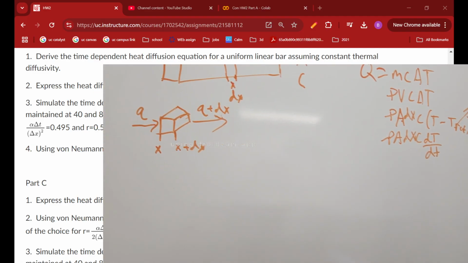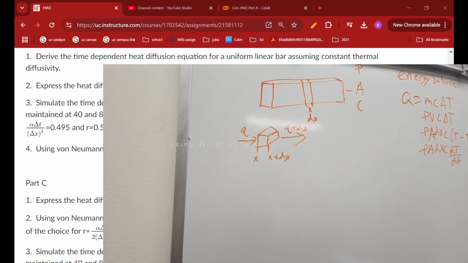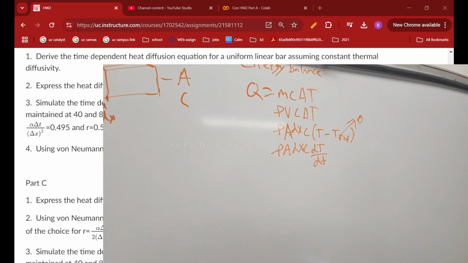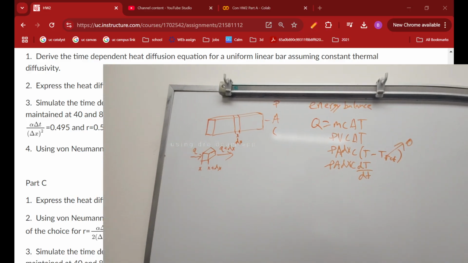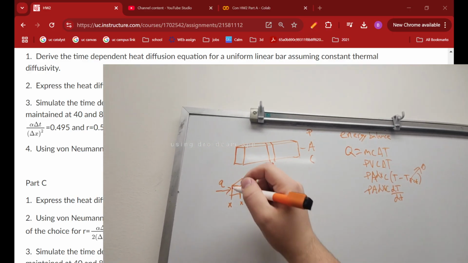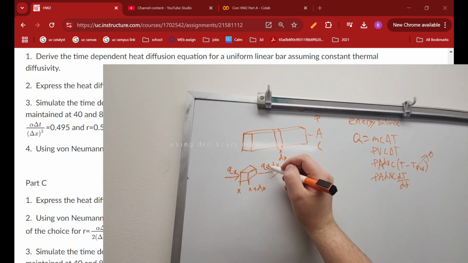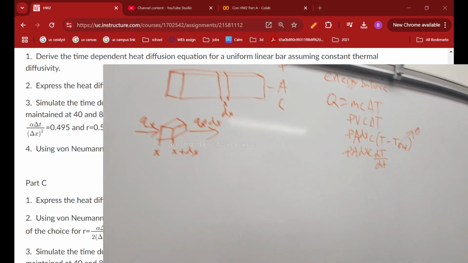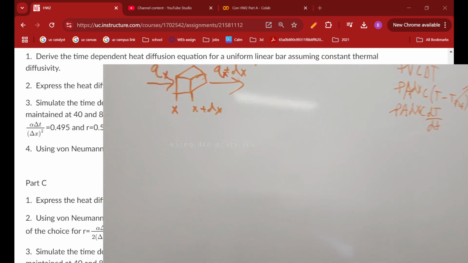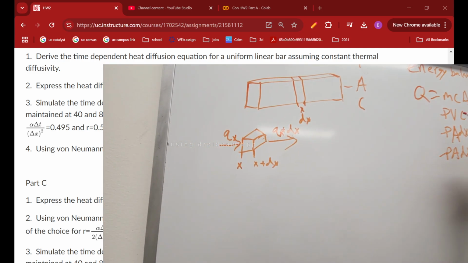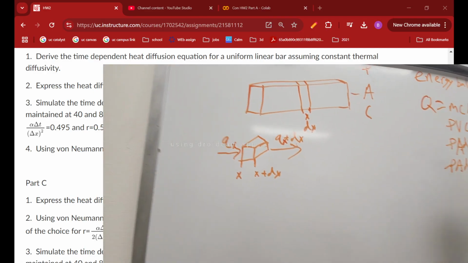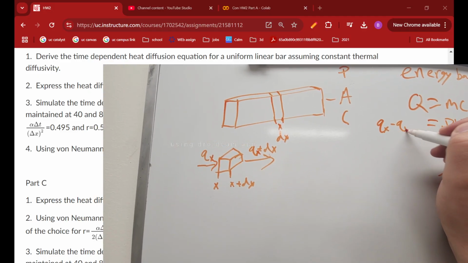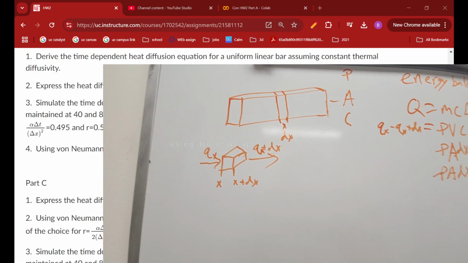Now let's take a look at the other side of this equation. We know that Qx, which I missed over here originally, but for this other side, we have Qx going in minus Qx plus dx going out.